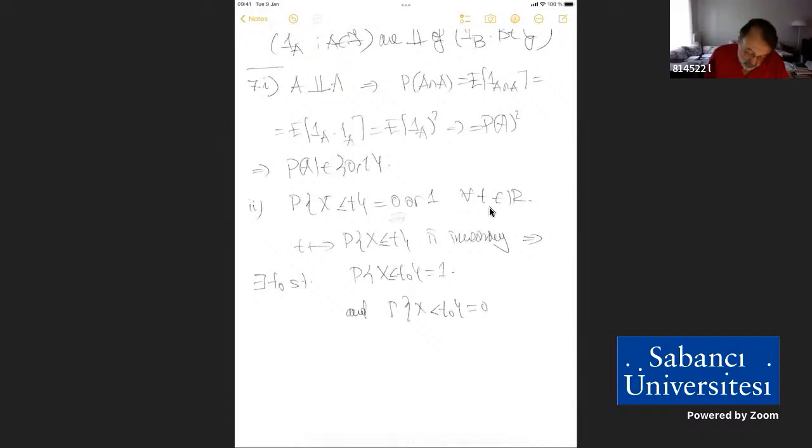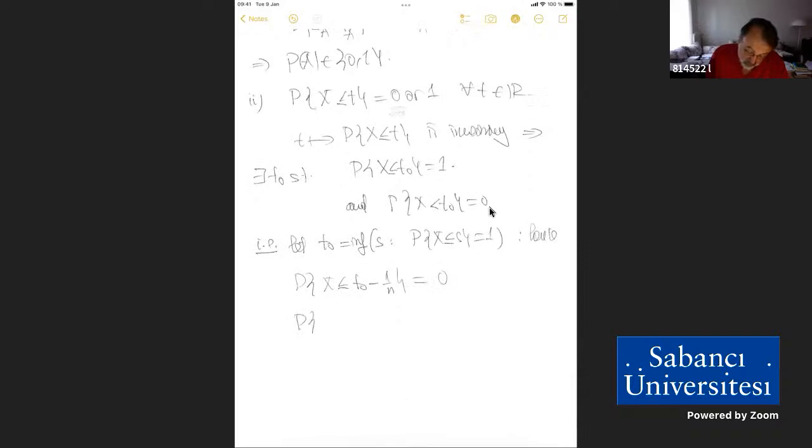In other words, let t0 be the infimum of the points s such that the probability X less than or equal to s is equal to 1. Hence, this implies that the probability X less than or equal to t0 minus 1 over N is equal to 0 by definition of infimum, and the probability X less than or equal to t0 plus 1 over N is equal to 1 by definition of infimum again, and it is increasing.